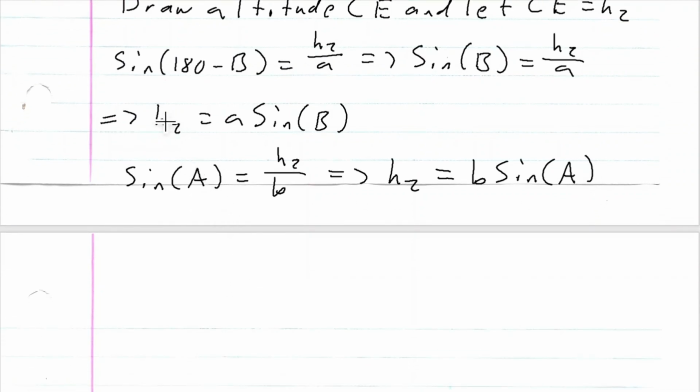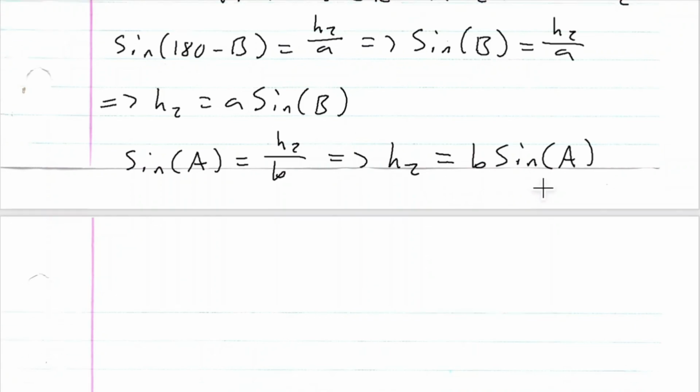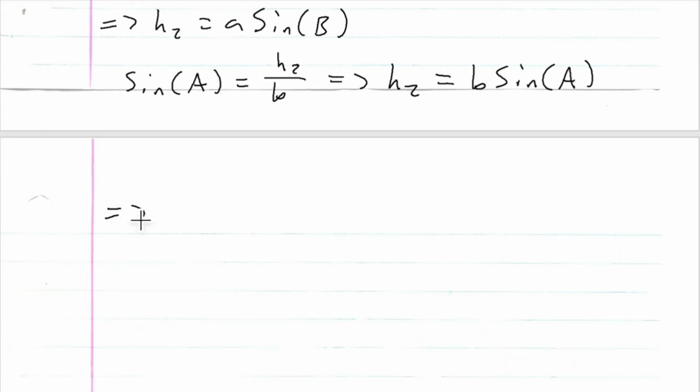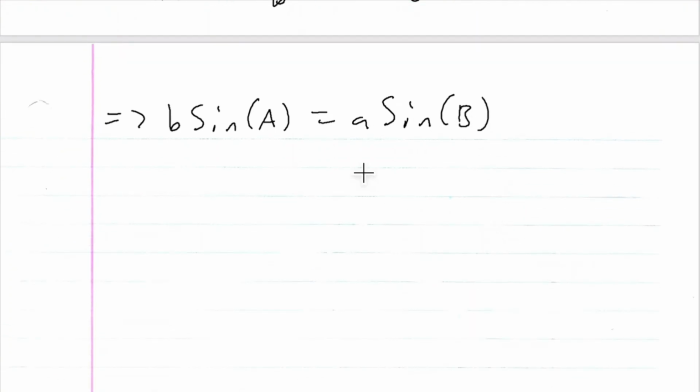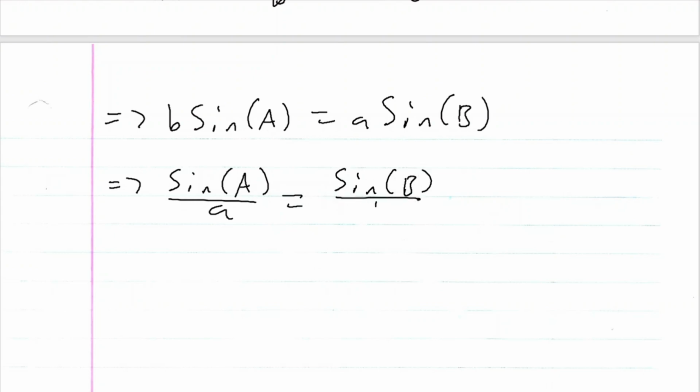Now, I have h2 is equal to a sine B, and h2 is equal to b sine A. So this implies that b sine of A is equal to a sine of B. And then, dividing both sides of this equation by a times b, we get sine of A over a is equal to sine of B over b.